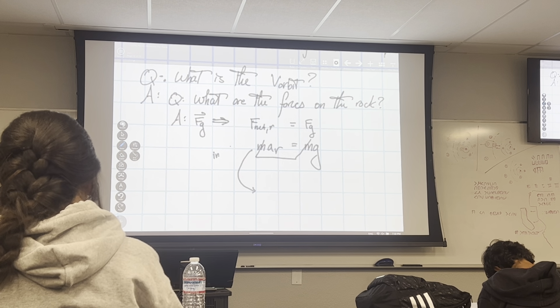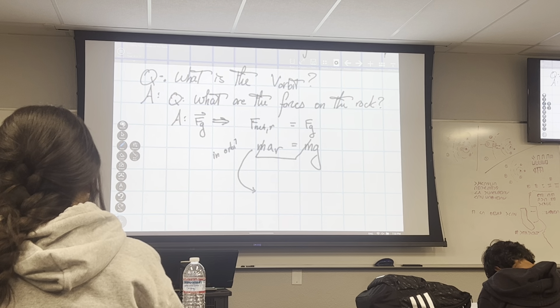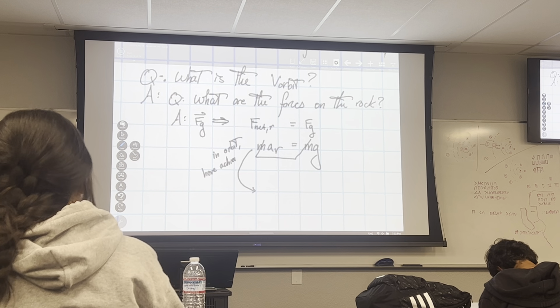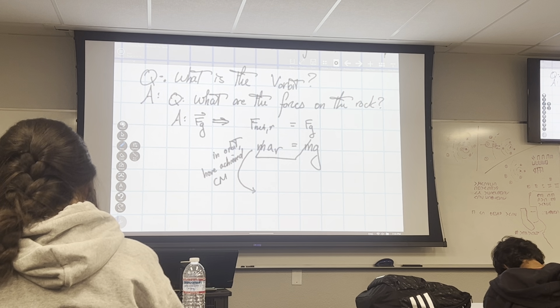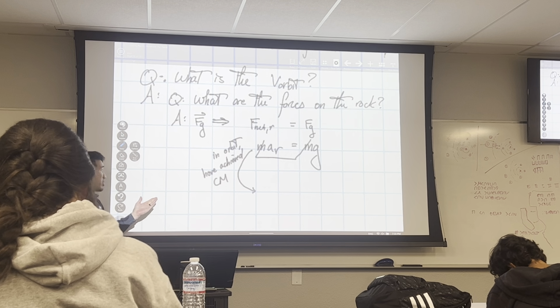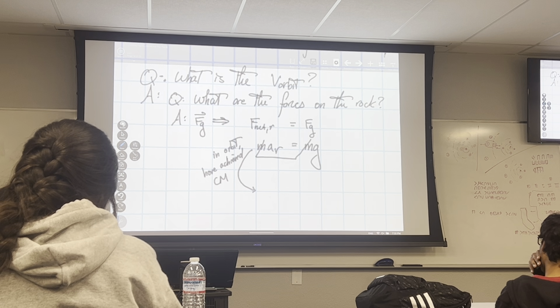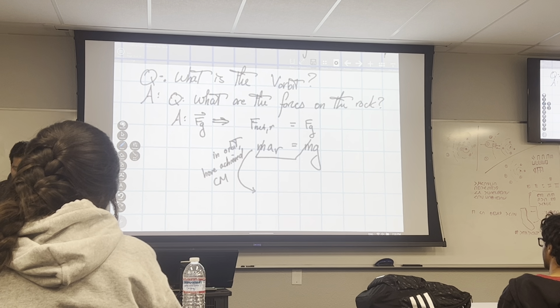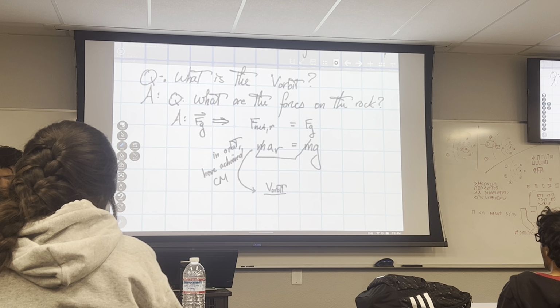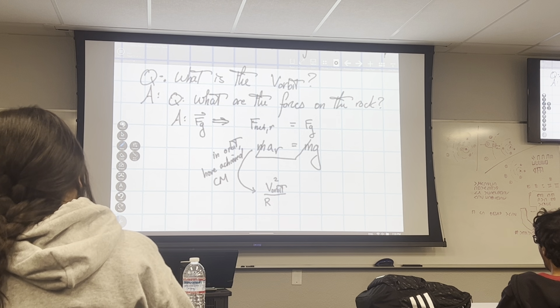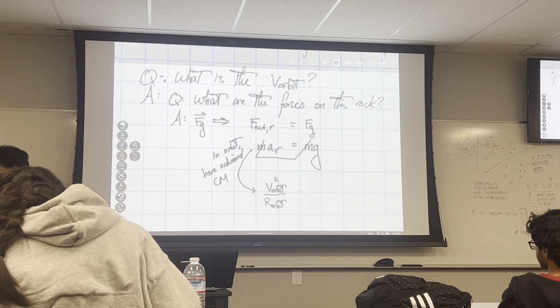But in orbit, you have achieved circular motion. Meaning the acceleration we can replace with v orbit squared over radius of the orbit.